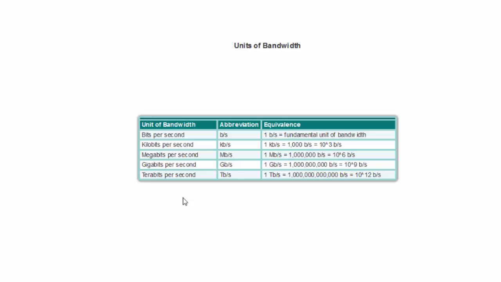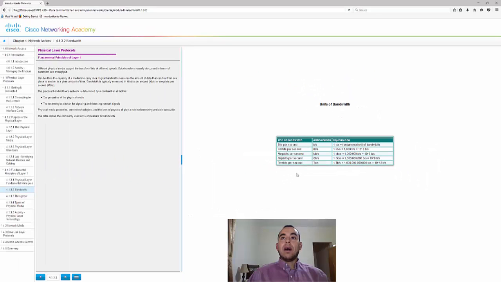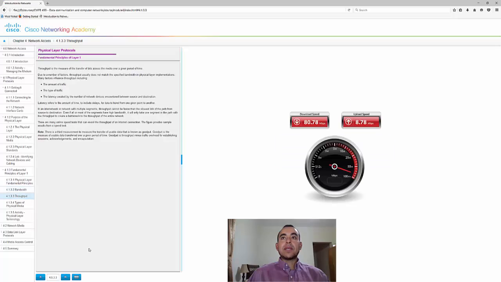The bandwidth measures the amount of bits transferring over the physical medium, and in that regard, it's a theoretical limit of that particular physical medium. And as we will see later, this theoretical limit can almost never be achieved in reality.